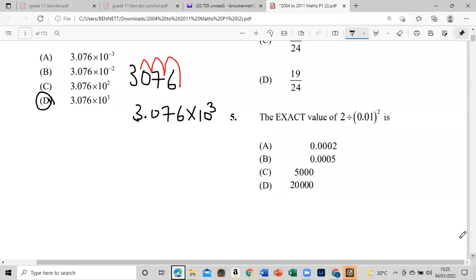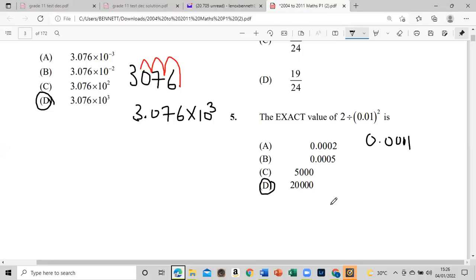The exact value of this, we didn't have to work it out, guys. So when you multiply 0.1 times 0.1, we'll get this. And then when we divide it by 2, we'll get this.